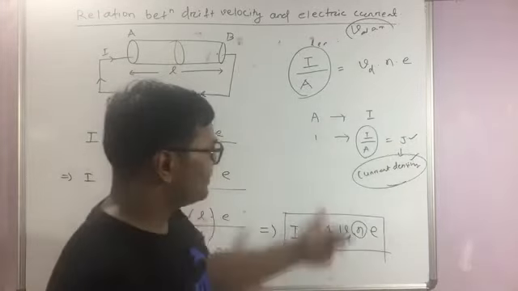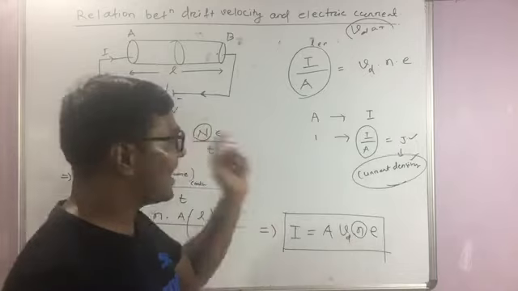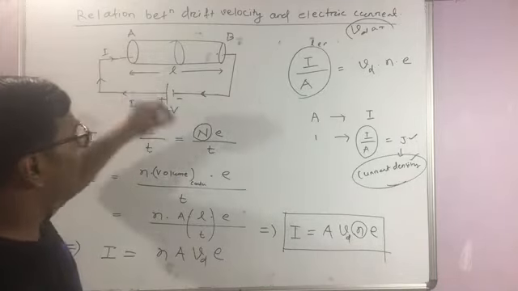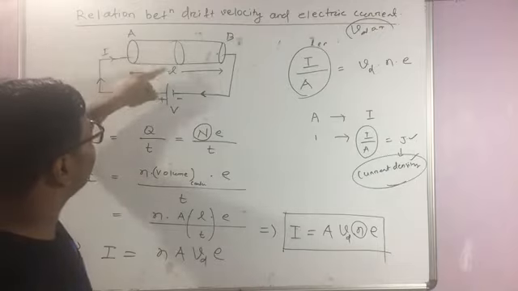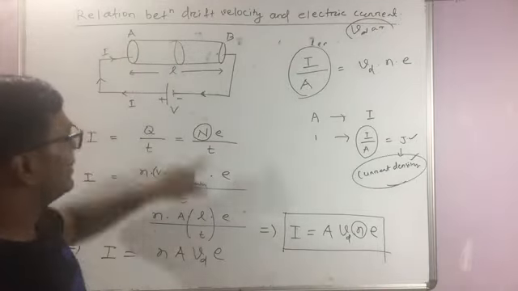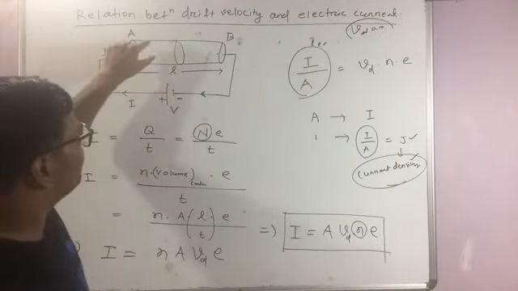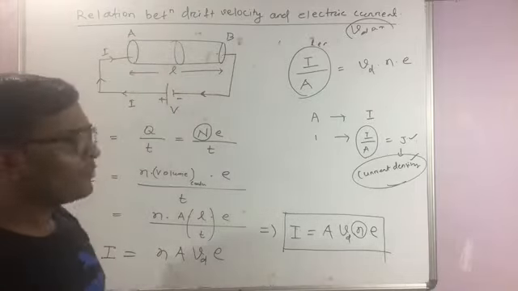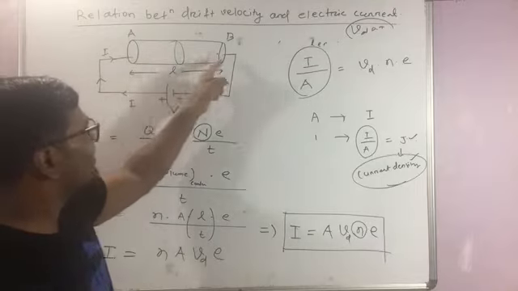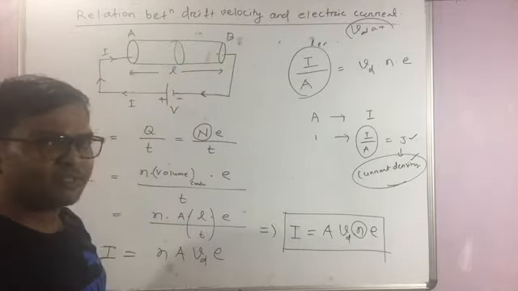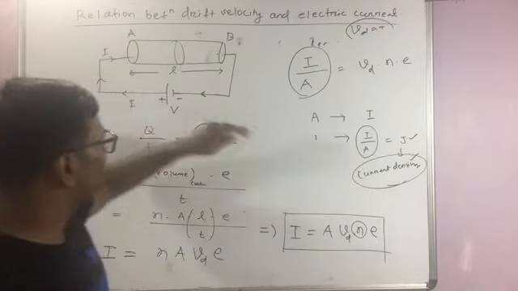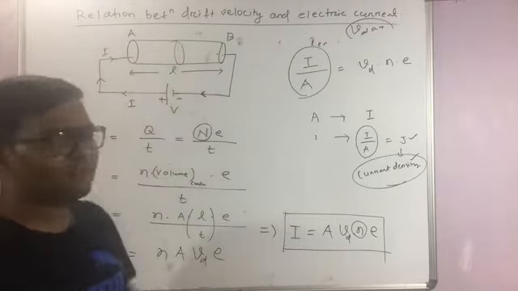This current density is a very important term. It will give you an idea about how the current is distributed over a cross section. This diagram is very simple, as I have taken a uniform cylindrical shape, so the cross section at every point must have the same value. So if the cross section is the same, the I by A value throughout the conductor has the same value.